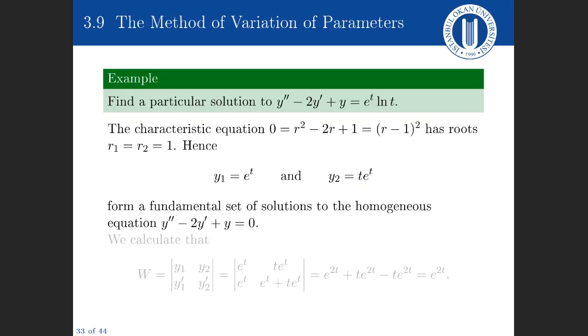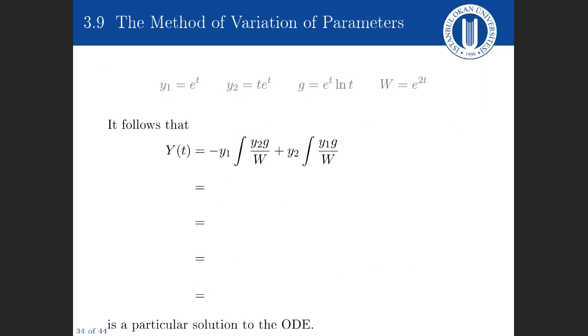Okay, then we need to calculate the Wronskian. The Wronskian is the determinant of the 2 by 2 matrix y1, y2, y1 prime, y2 prime. Put y1 and y2 in, calculate the determinant, and we find e to the power 2t. Then we're ready to start using the formula from the theorem.